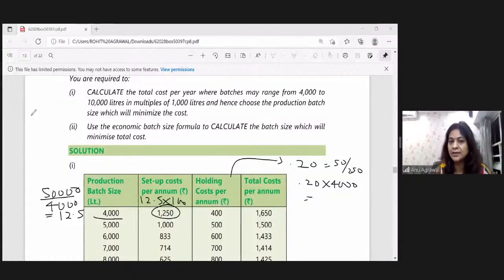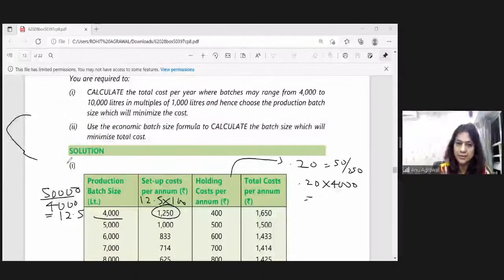Have I done it correctly? Should be 0.2 into 4,000, holding costs per annum.